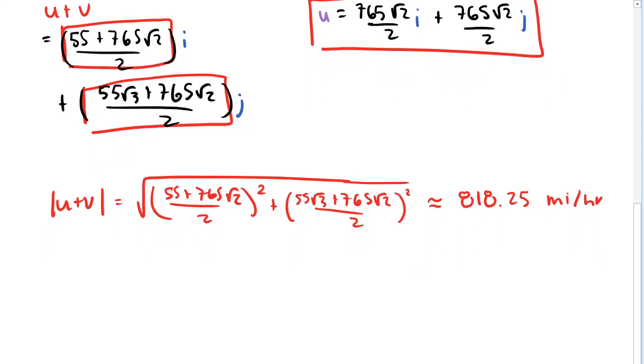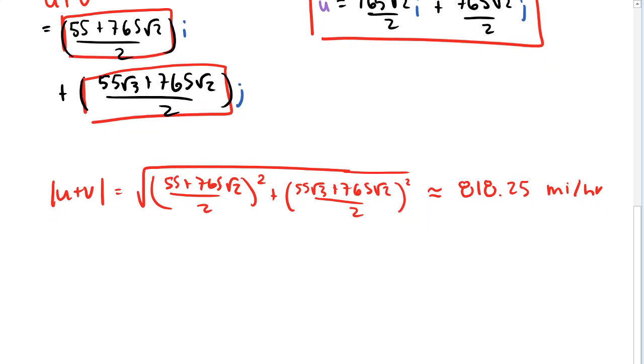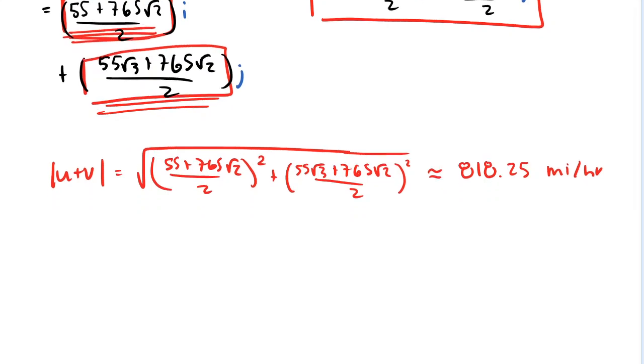Now, what about the direction? Well, here, this is the vertical displacement of our true velocity vector for our plane, and this is the horizontal displacement. If we imagine that vector, it might look something like this.